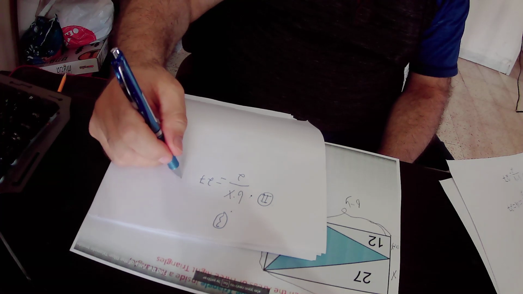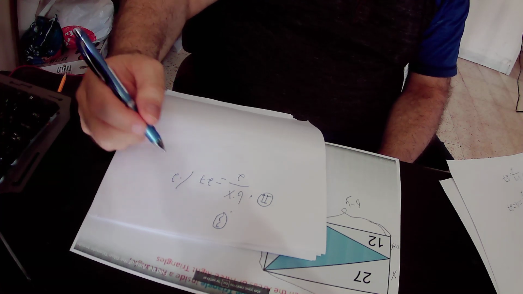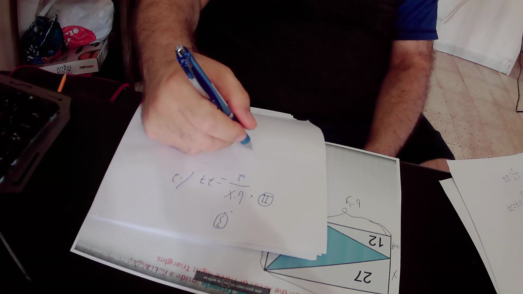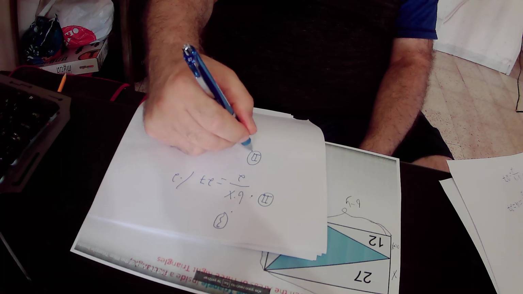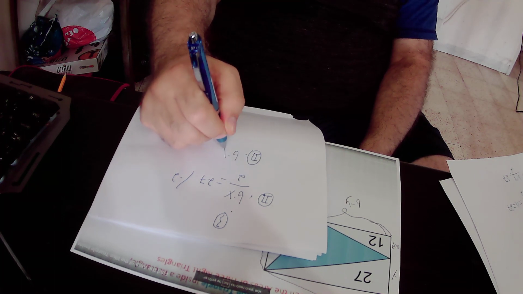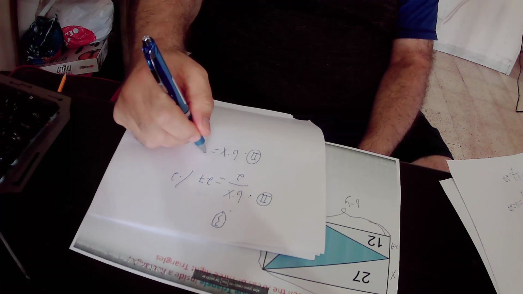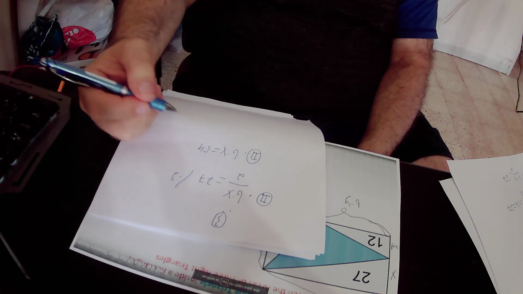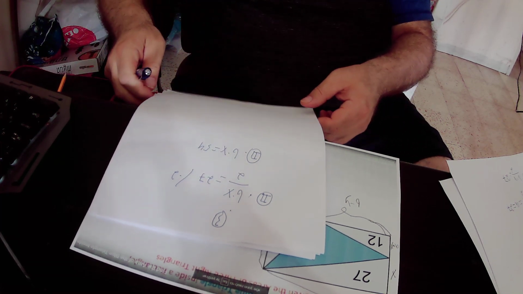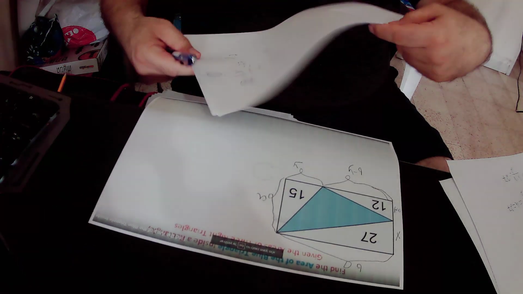We can multiply both sides of the equation by 2. We will get that b times x equals 54. Okay.